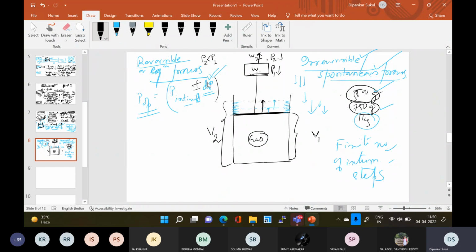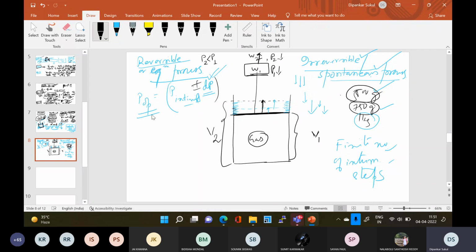And if there is a finite number of intermediate steps, then what will happen? Why is the difference coming? Why in one case am I calling it reversible or equilibrium, and in another, irreversible or spontaneous?